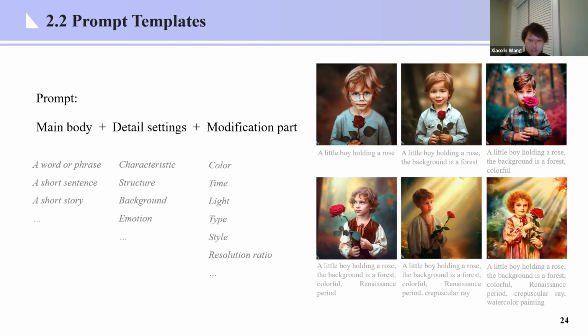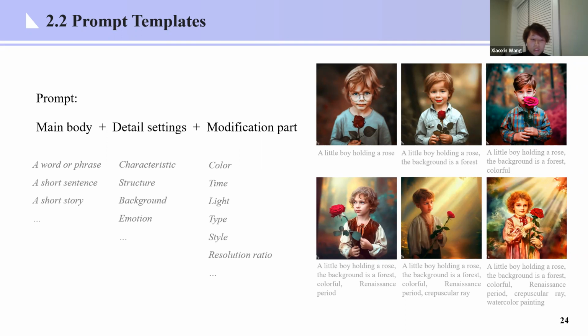Whether you want the subject to be in the forest or at 1/3 of the screen, you can describe it in the detail setting. And the modification part is selected based on your expectation, whether you want wild painting or imitating Da Vinci.